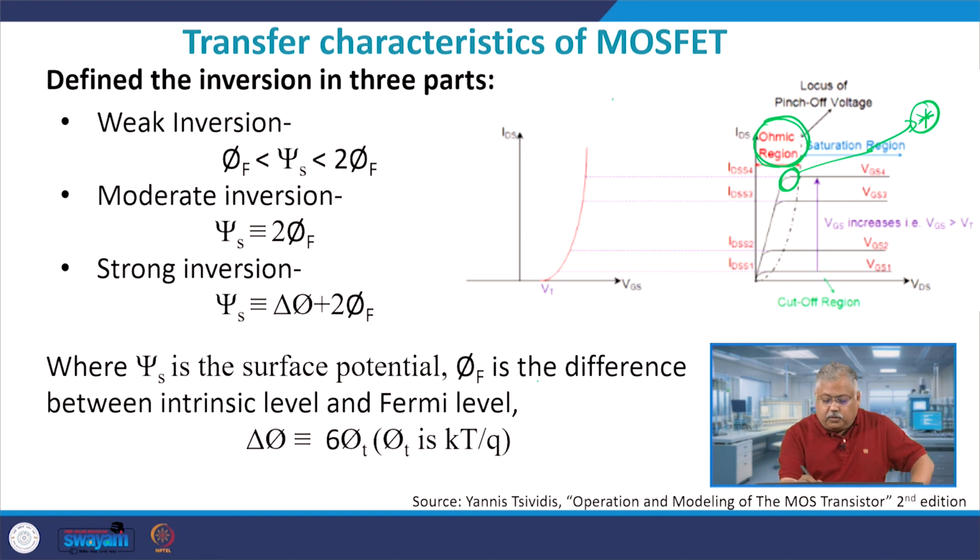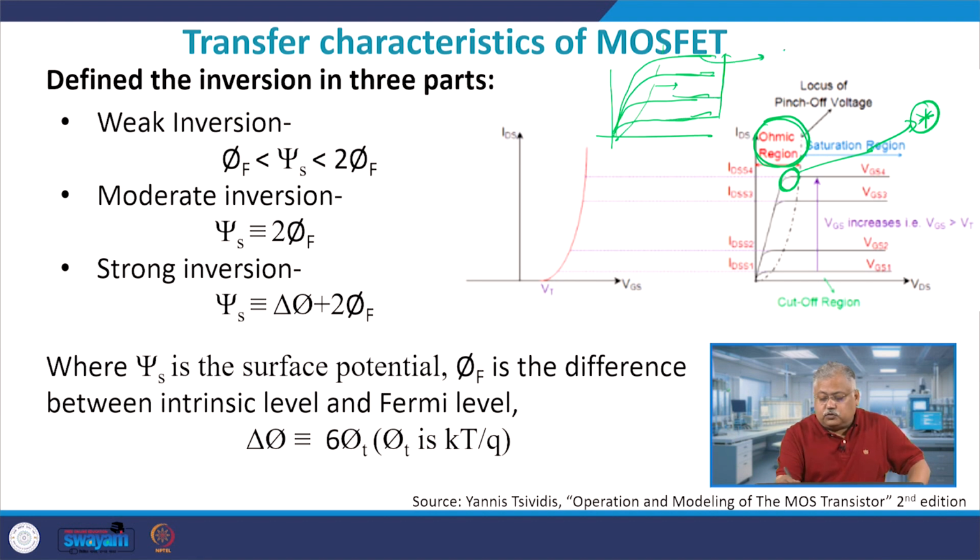Though I have not drawn it properly here, if I draw it properly for various values of VGS, I will have this, then this, then this, and then this. As you can see, as the gate voltage goes on increasing, the current is increasing, but for the saturation region, which is the right hand side, it is almost independent of the drain voltage, it is almost constant.